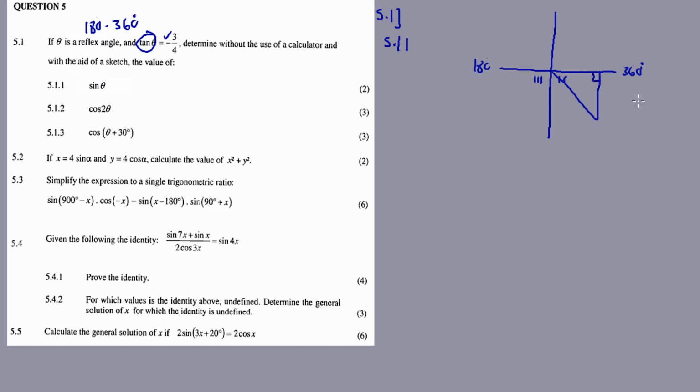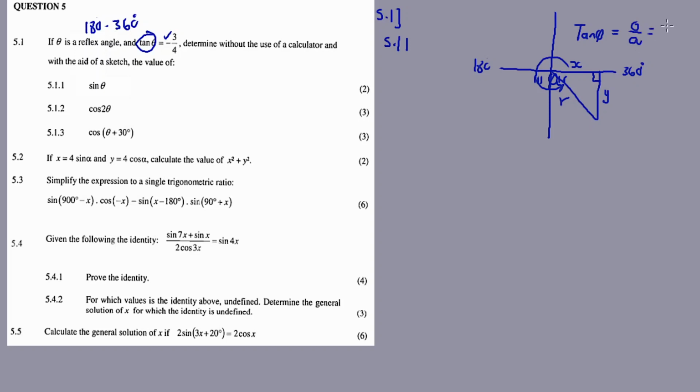So with these types of questions you need a triangle to simplify your work. So this is the x value, the y value, and then here we have r, the radius, right? This is our theta, it's a reflex angle. According to SOHCAHTOA, we know that tan is opposite over adjacent.